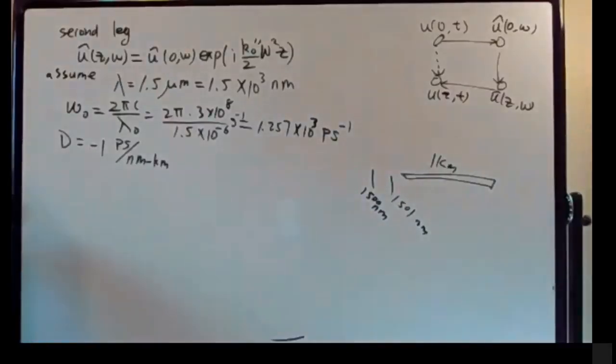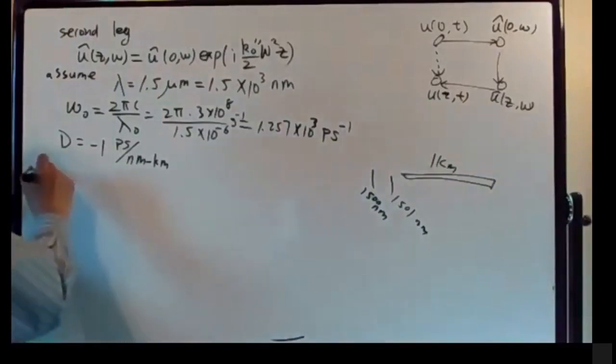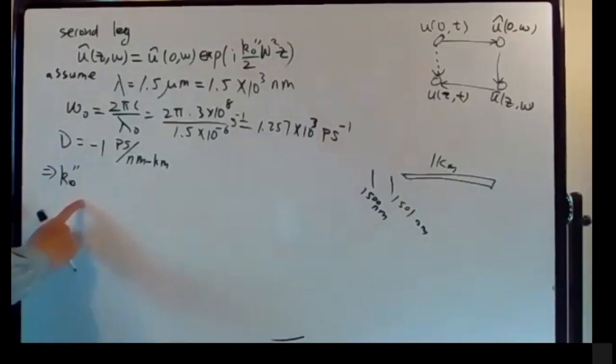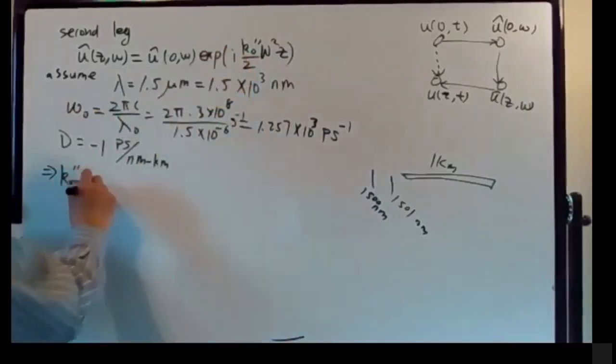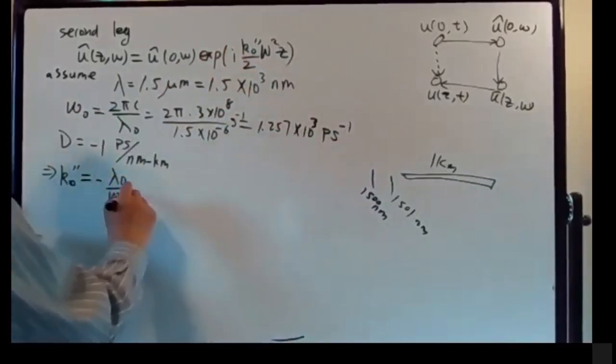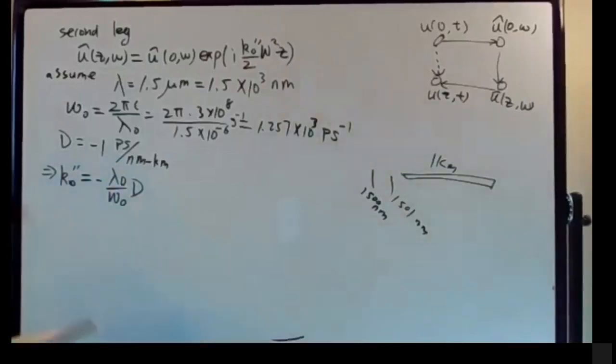Okay, so now let's look at K naught double prime. We want to calculate K naught double prime. K naught double prime is negative lambda naught over omega naught times D. That's what we calculated last time. So try to review your notes, it is from the last class.